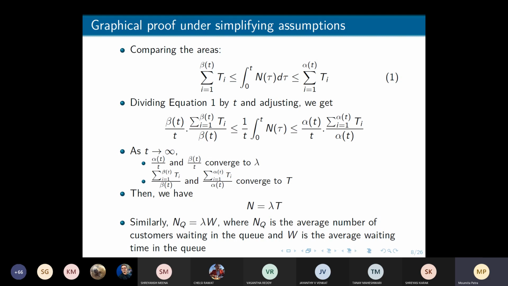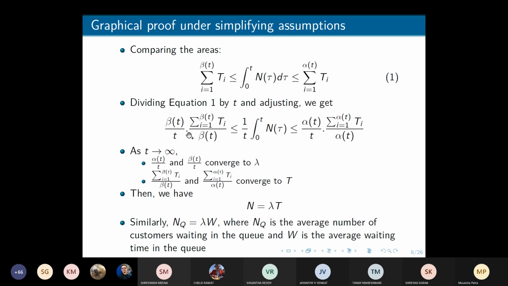Now, can we represent it in a better way? What we do is divide this equation by t and then adjust it. If you divide by t, that is summation i equals 1 to beta t of ti by t.